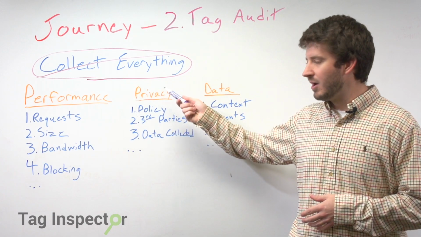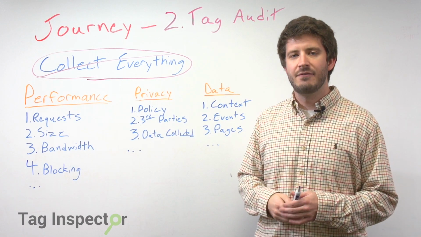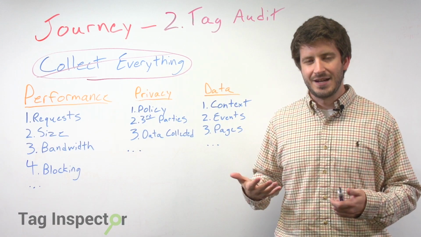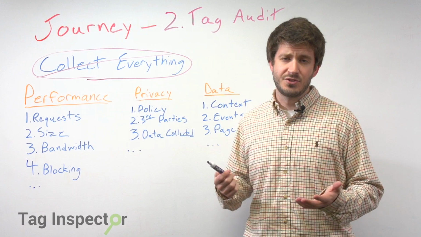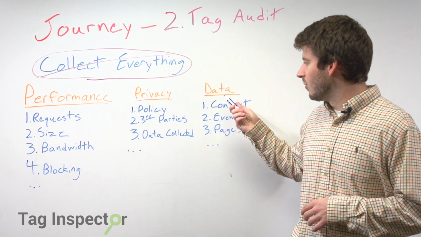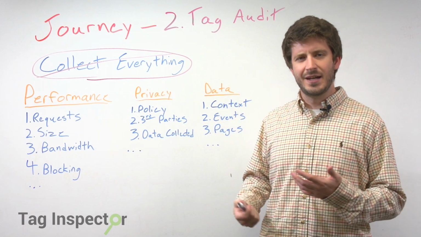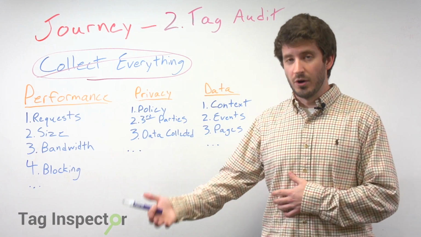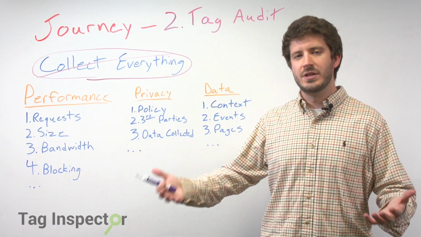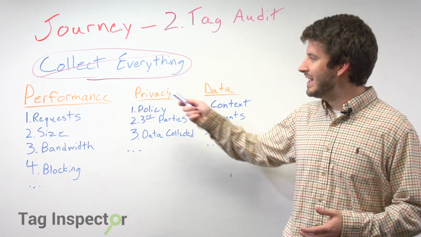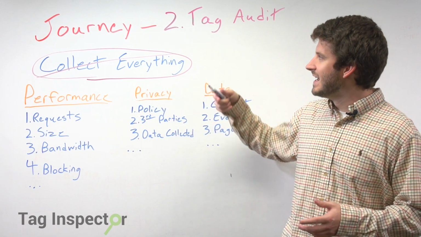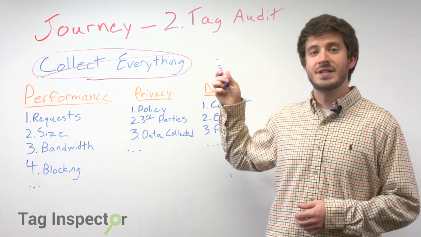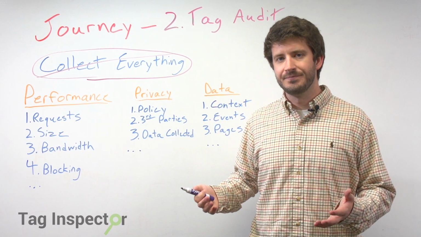If it's more of a privacy need, you have to identify what tags are there, what data is being captured, and make sure that it's compliant. Or if it's more data related, around analytics or new tracking and conversion tags that either aren't working currently or that you want to build out. So we need to define what that goal is and then structure our tag audit accordingly.